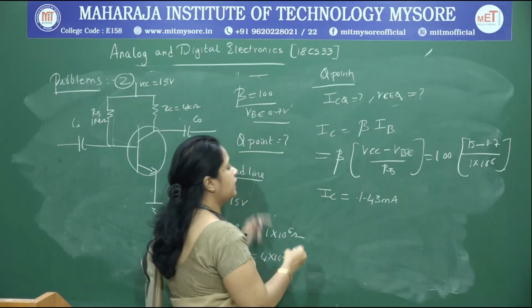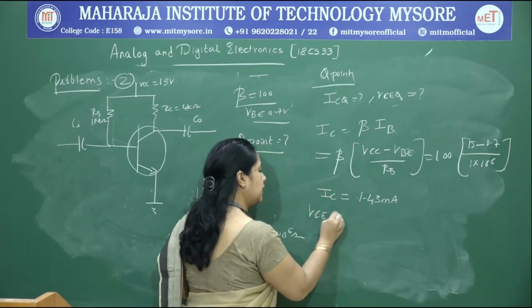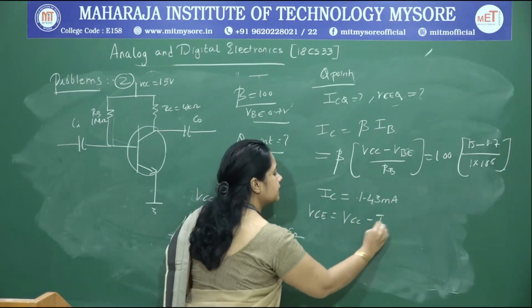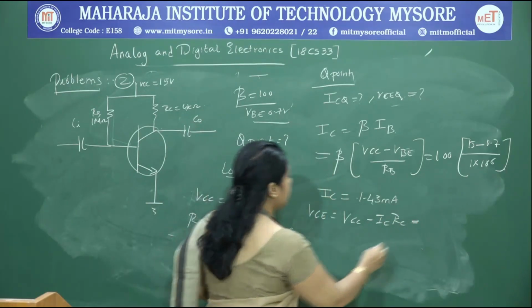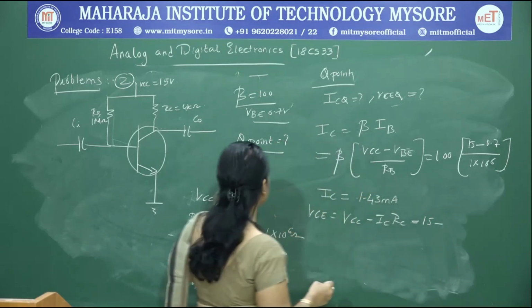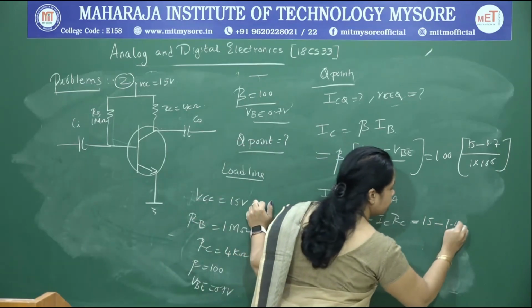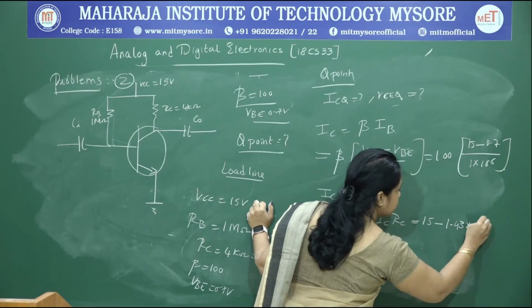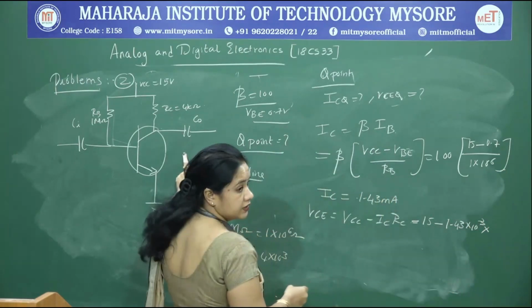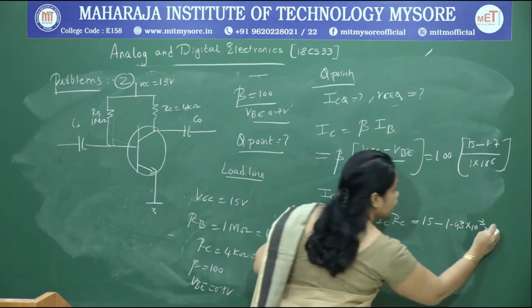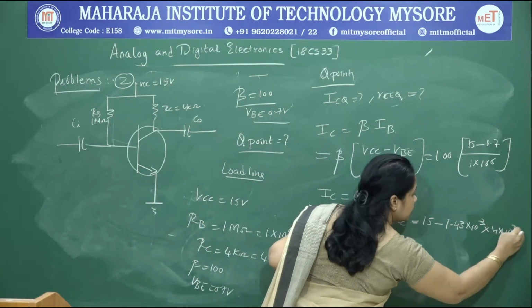Now I will determine VCE. What is VCE? It is equal to VCC minus ICRC. So we have VCC equal to 15 volts minus IC, which we have already found, 1.43 into 10 power minus 3, and RC is 4 kilo ohm, 4 into 10 power 3.